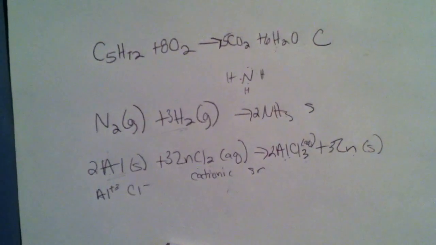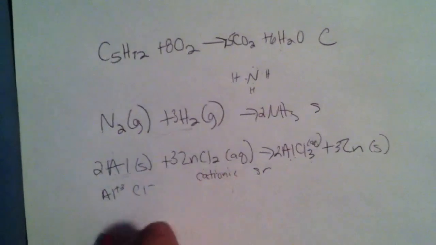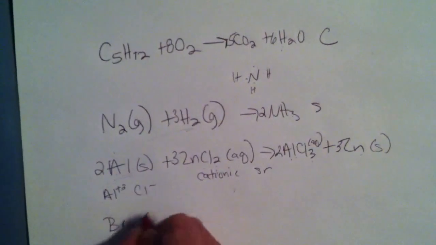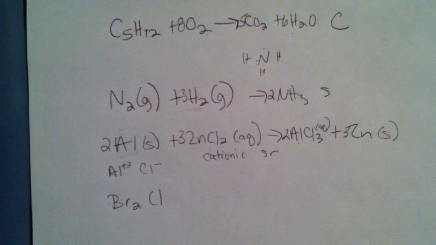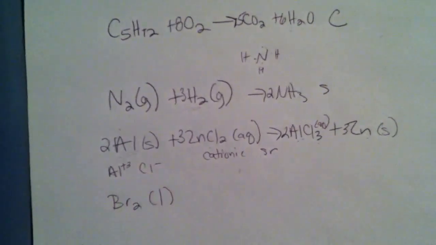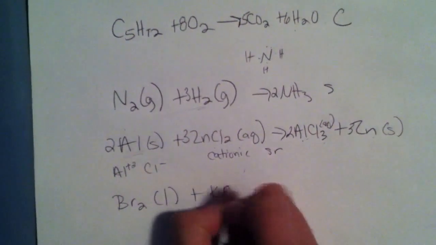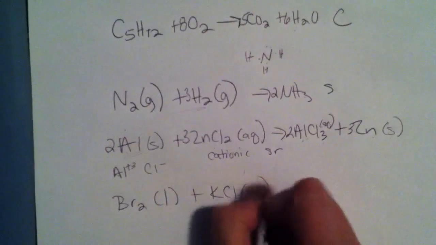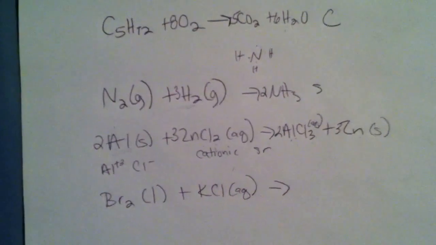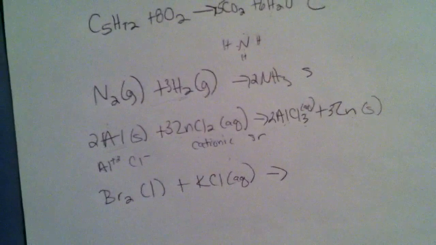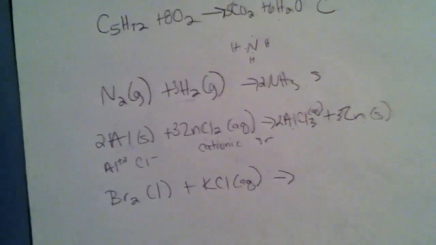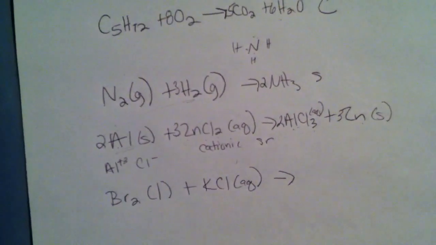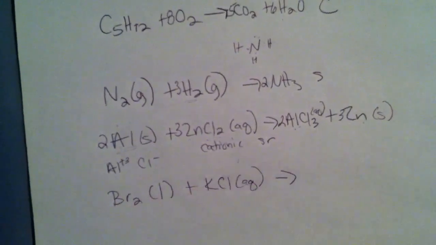All right, next question, number 10. We have bromine, which is normal state liquid. Okay, that's what this means. And we're going to combine that with KCl, potassium chloride, in aqueous solution. I take a look at it, to me it looks like it's going to be a single replacement reaction again. So I want to check and see if this can take place. Now this time, bromine wants to kick out chlorine.